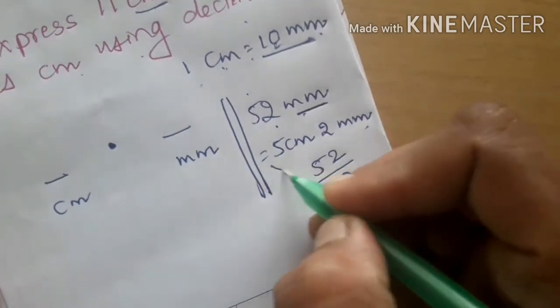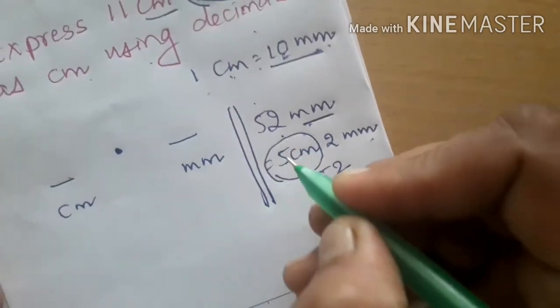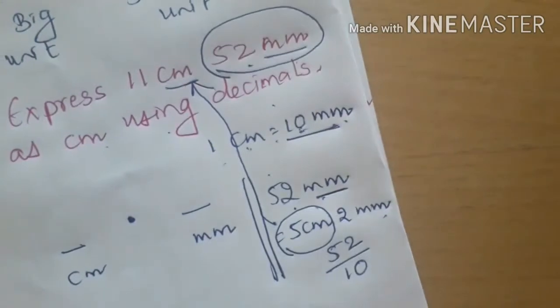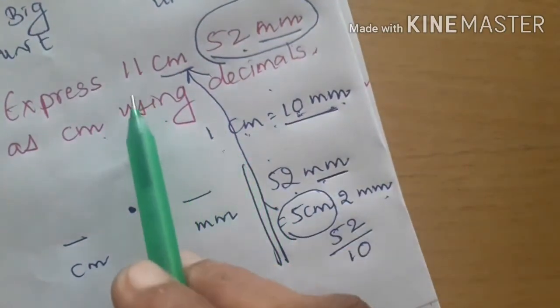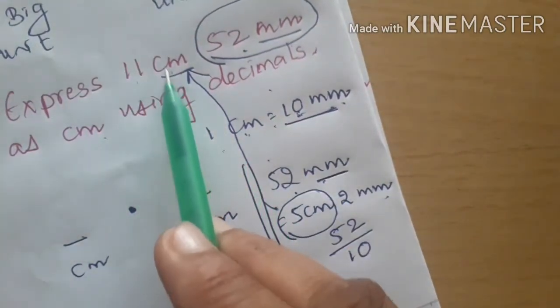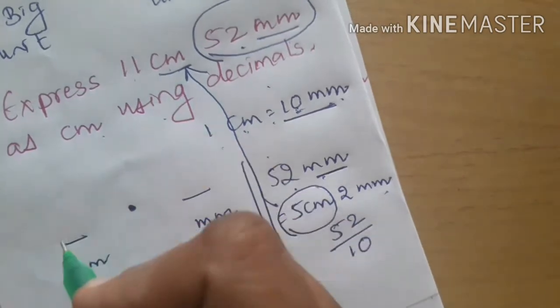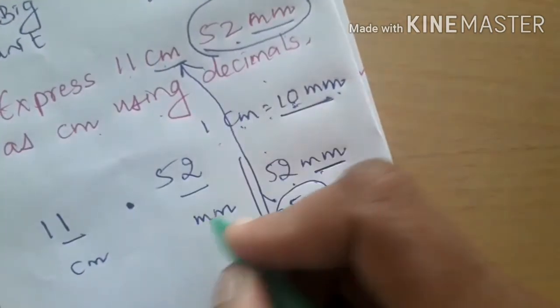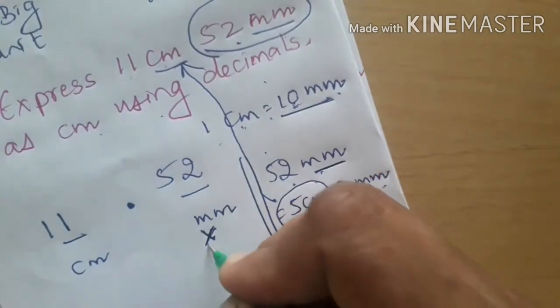So here this 5 is to be added with this 11. So what does the number become here? Instead of 11 centimeter, don't write it as 11 centimeter and 52 millimeters. No, this is not the correct way.